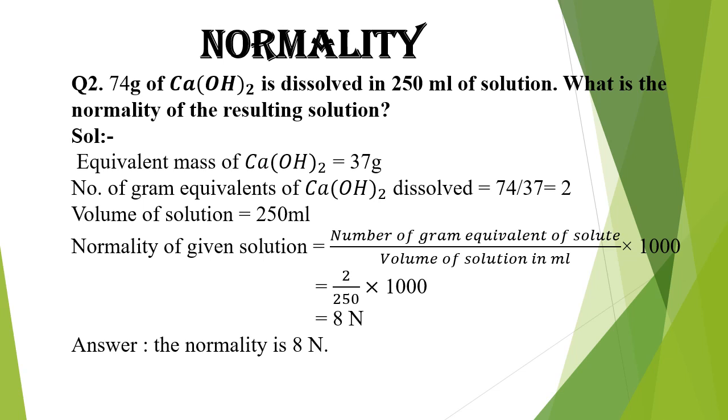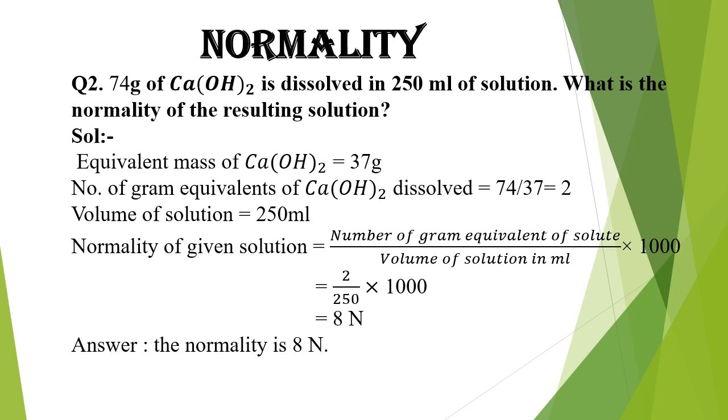So the number of gram equivalents of calcium hydroxide is equal to 74 divided by 37. 37 is the equivalent mass that is found by dividing its molecular mass, that is 74, by its number of hydroxyl ions, which is 2. So 74 divided by 2 gives equivalent mass equal to 37. So number of gram equivalents is equal to 74 divided by 37, which is 2.